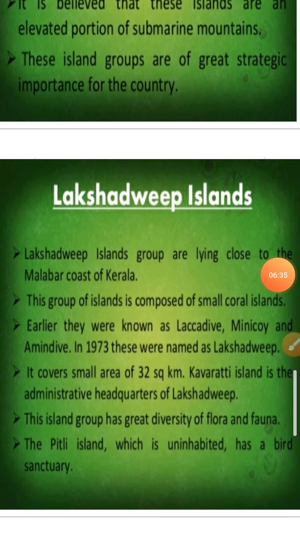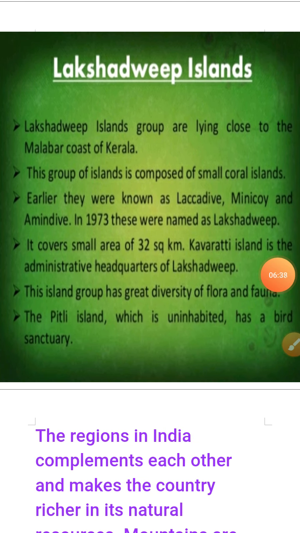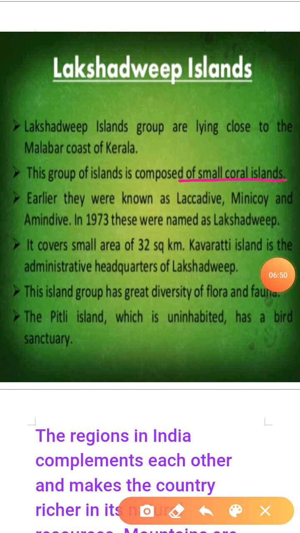Next island group, the Lakshadweep. The Lakshadweep island group lies close to the Malabar coast of Kerala, located in the Arabian Sea. This island group is composed of small coral islands. This is also called a living island because the Andaman and Nicobar is an elevated part of a mountain range, but the Lakshadweep islands are formed by coral reefs.